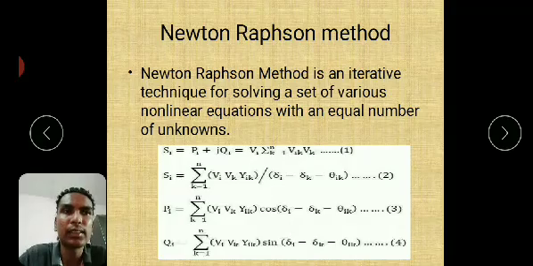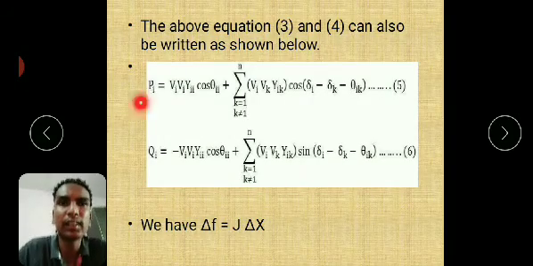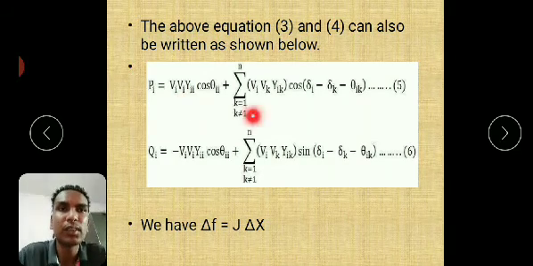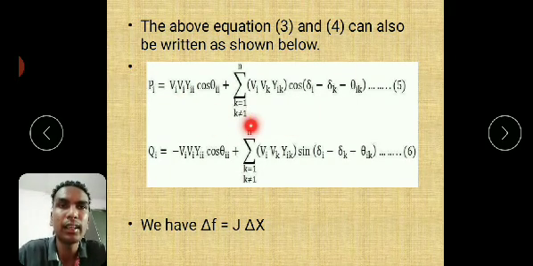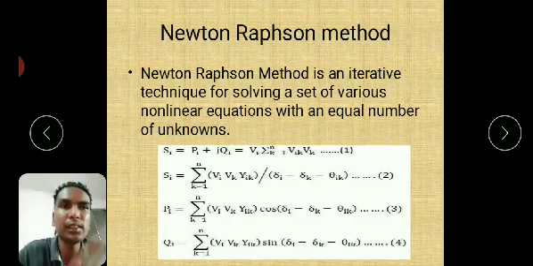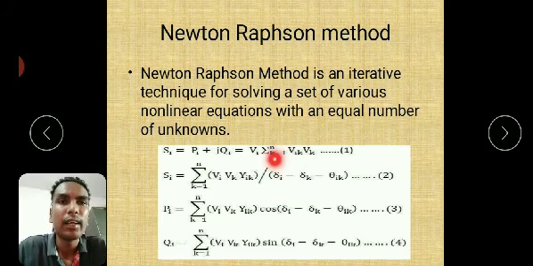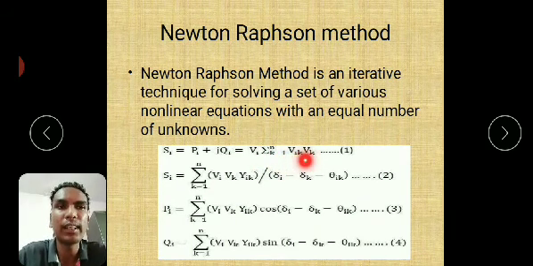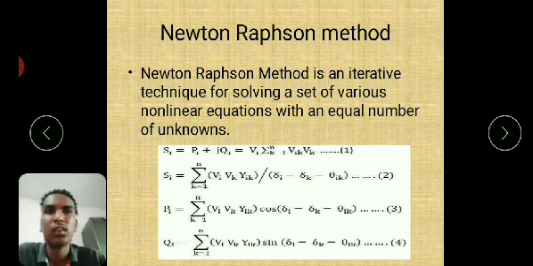We can separate this equation like this, where the Vi or Yii part of the equation is separated, and here k is not equal to i. So the equation does not change, but we can separate the Vi into the Yii form.